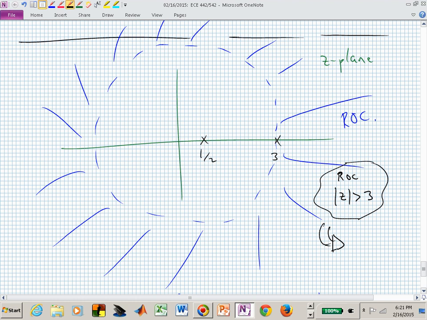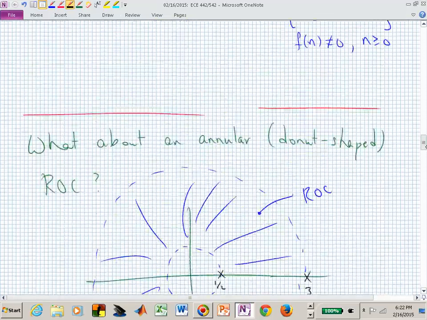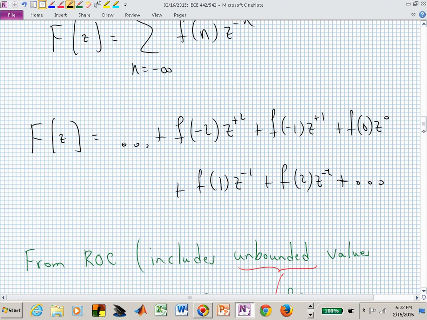Is it left-sided, anti-causal, or right-sided? Now pick a convenient value for z. Which z is convenient in this region of convergence pattern? Z goes big, doesn't it? So you can have a big Z. You plug a big Z into this expression, and what terms need to not be there?